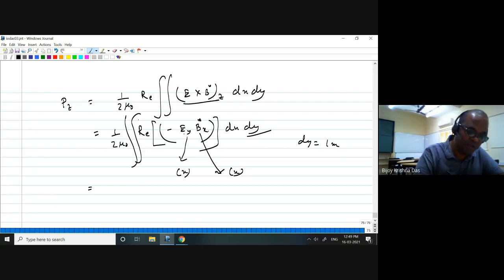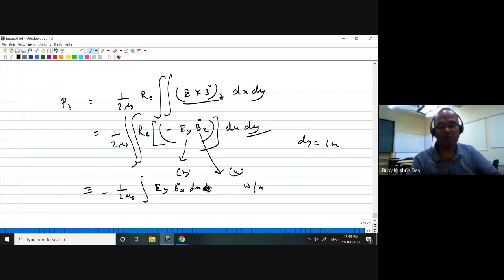That means whatever value I will be getting, what will be the expression? I will write EY BX star dx, with the minus sign handled later. Instead of dx dy, I will write dx, and whatever value you get, I will write watt per meter.